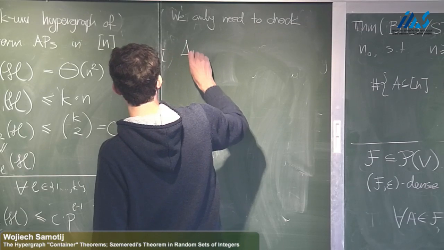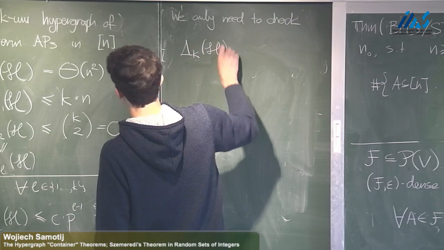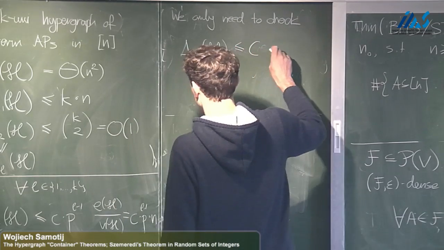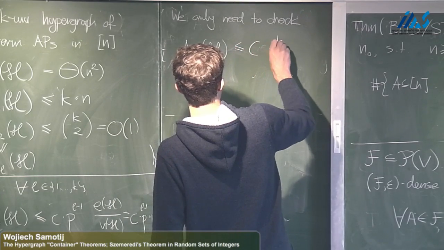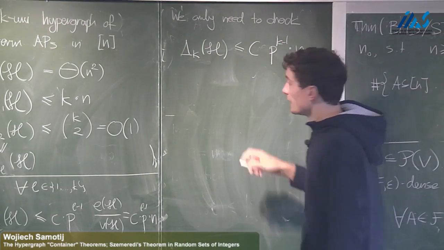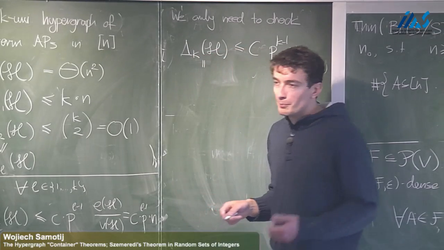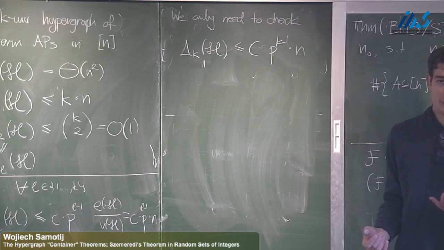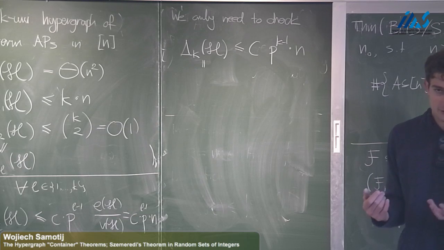that delta K of H is at most a constant times P to the K minus 1 times n. And delta K, it's the maximum number of K-term arithmetic progressions that some K numbers can be contained in. So of course this is just 1.